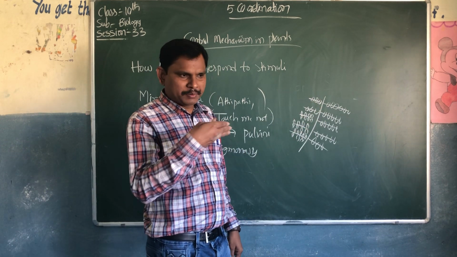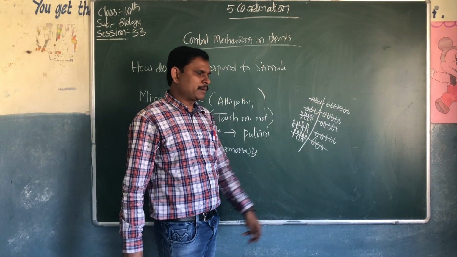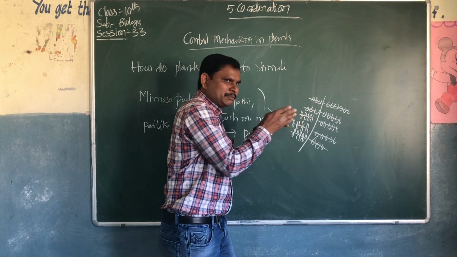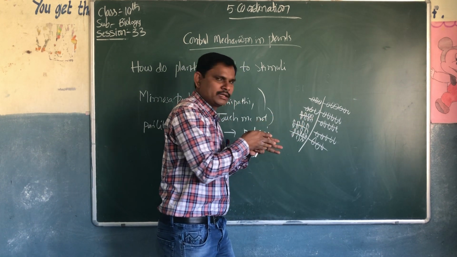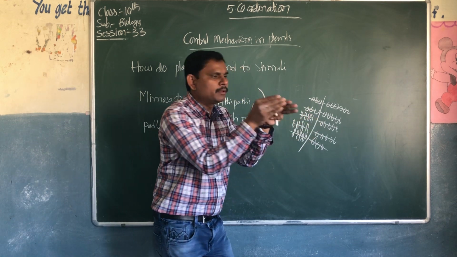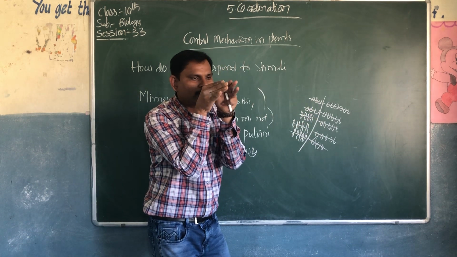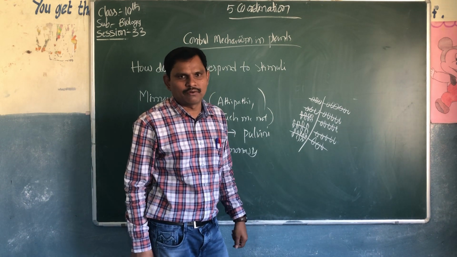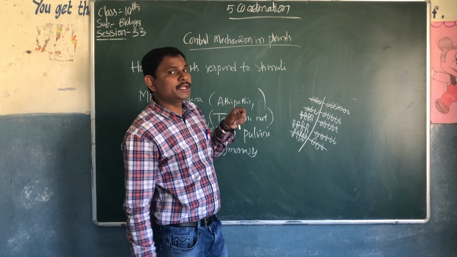When the water pressure is stopped, what happens? When there is no water flowing inside the leaves and stems, these leaves immediately close. They will fall like this. This is the touch me not plant.